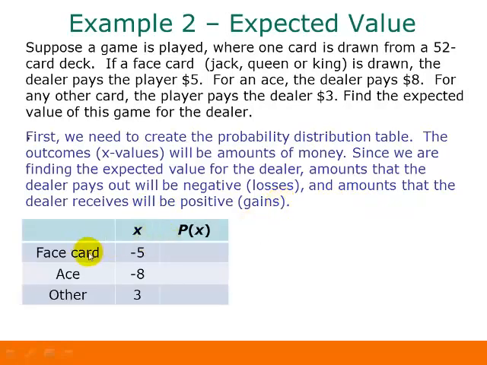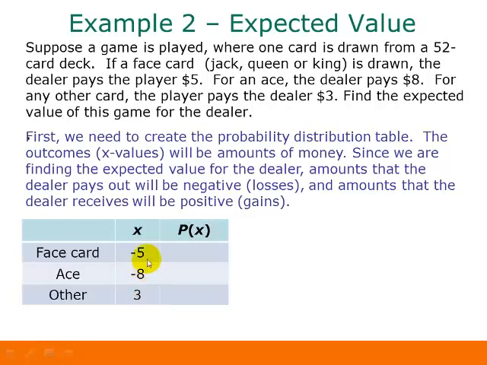So our 3 possibilities are that we draw a face card, that we draw an ace, or that we draw something else. If we draw a face card, then the dealer pays out $5, so the dealer loses $5. If we draw an ace, then the dealer loses $8. And if we draw anything else, then the dealer gets $3. So the 5 and the 8 are negative, and the 3 is positive.